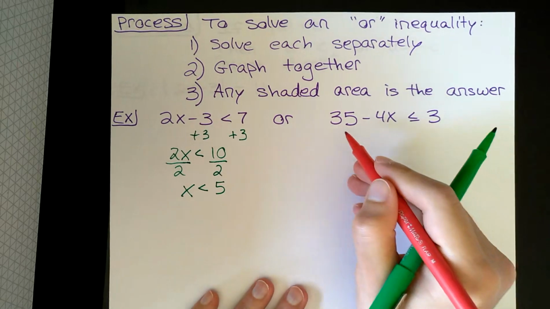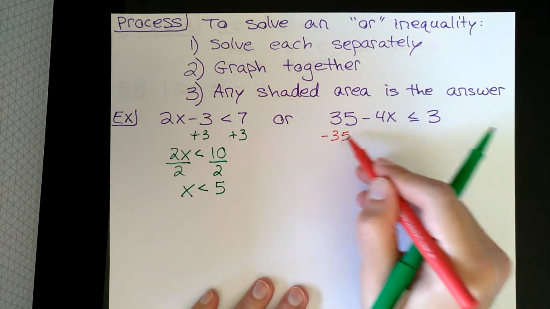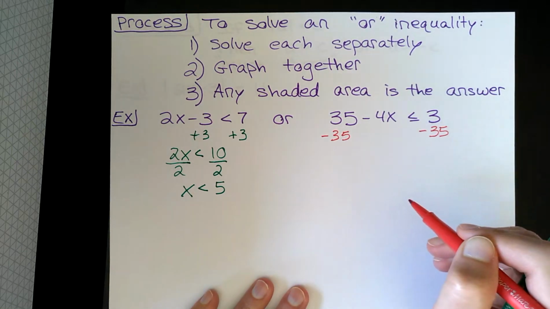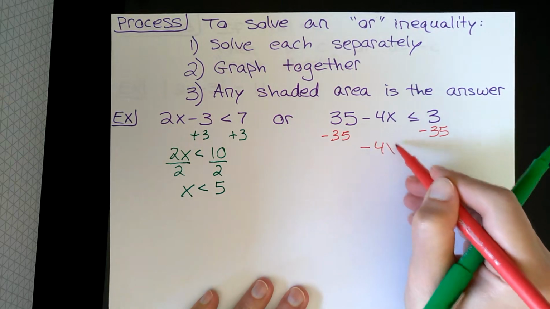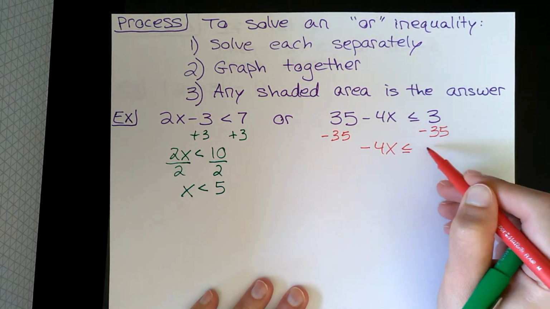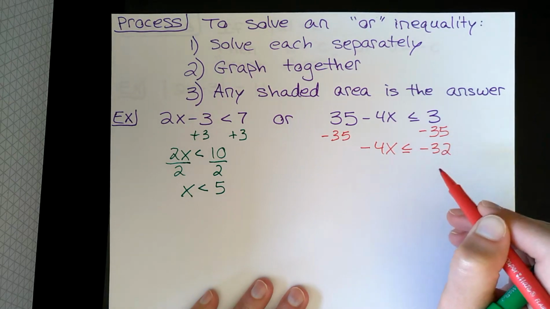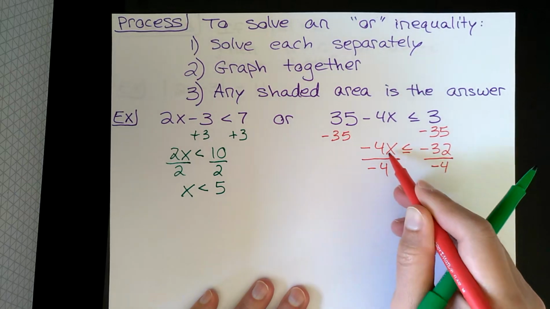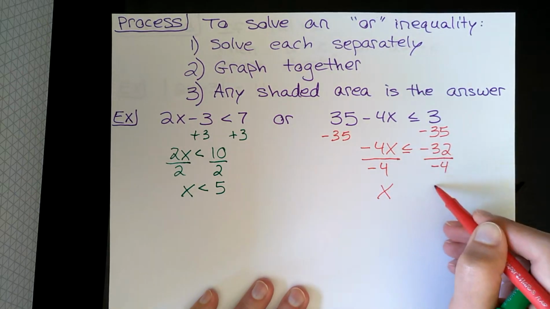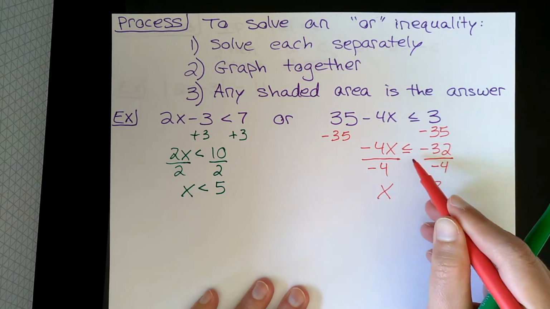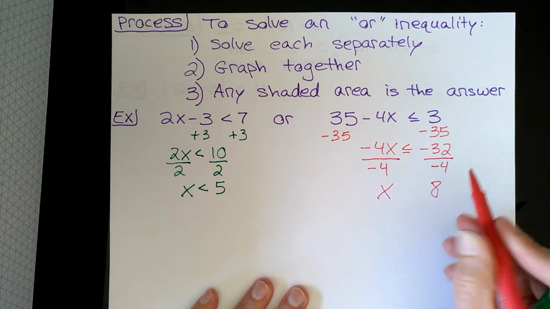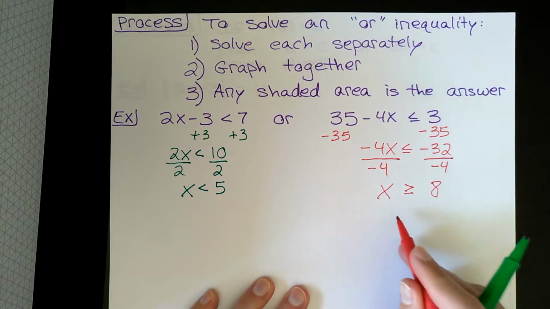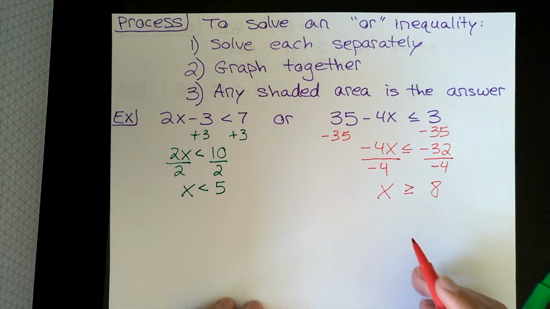To solve for x here, we will subtract 35 from each side to get negative 4x is less than or equal to negative 32. And then divide each side by negative 4 to get x and 8. We just divided by a negative number, so we have to flip the inequality. So x has to be greater than or equal to 8.